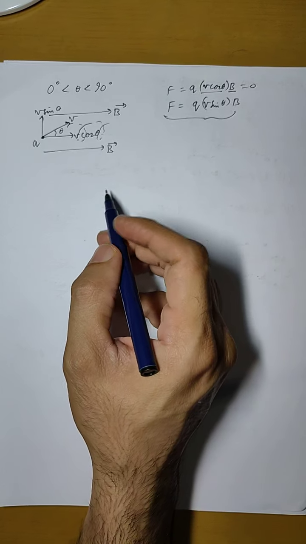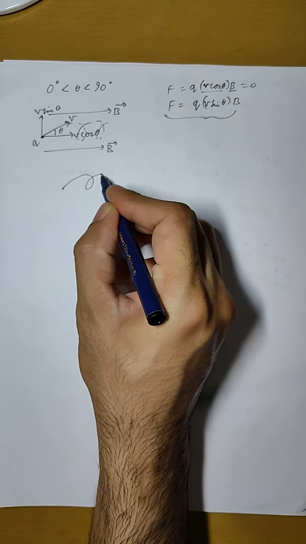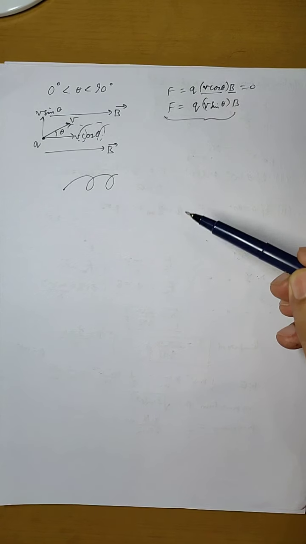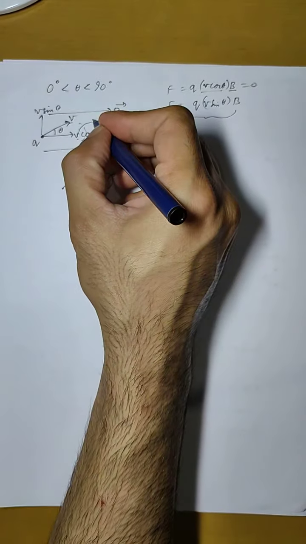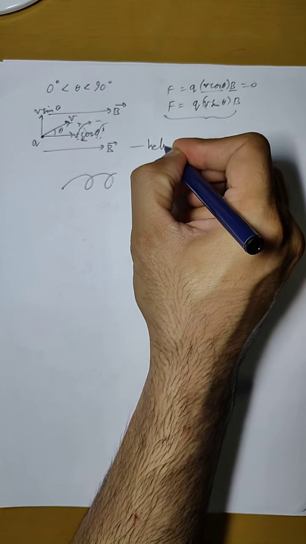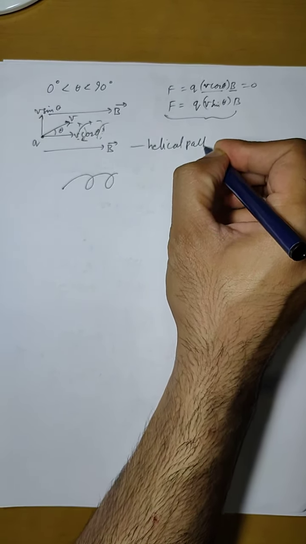This is called a helical path. So this is the particle, it will go like this, like a spring. So the charged particle will make circles like this and it will keep on moving in this direction. So this is the path, it is called helical path. It is the same as a spring.